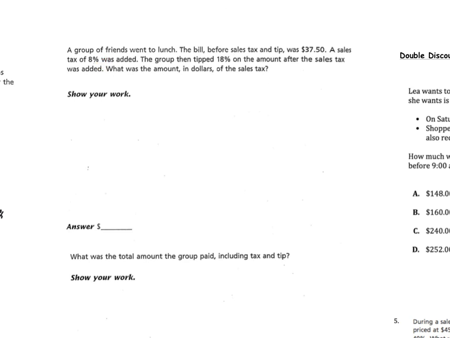And then later on, they're going to ask what the total amount the group paid, including tax and tip. So generally speaking, most of the time people tip on the total, which does indeed include the sales tax. So on this particular problem, when you're trying to find the total, you're going to include the tax first and then base the tip on that.